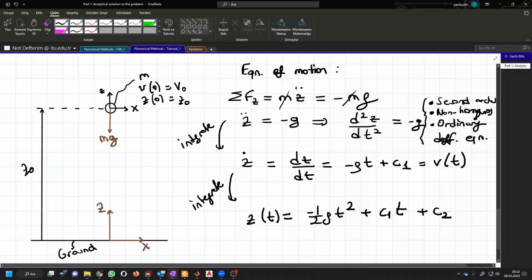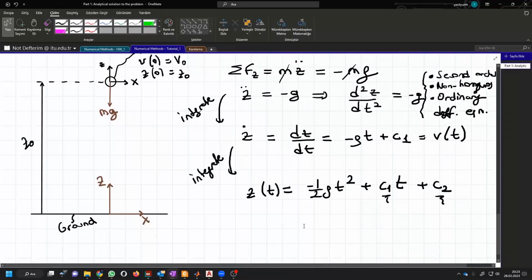This is my second integration constant, by the way. So if I want to solve this equation, or determine the motion of the body, I need to find these c1 and c2. So I need to use the initial conditions for both velocity and the location in these equations.